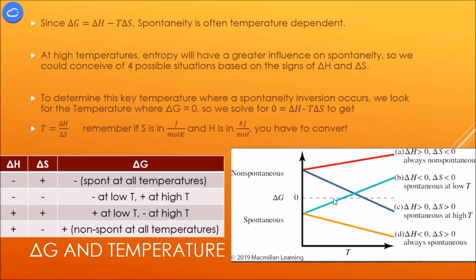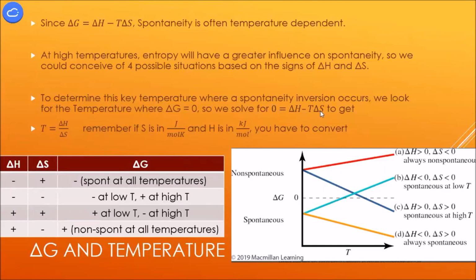And for these two situations, we can calculate the exact temperature at which this occurs, because we want to find that magical 0 point between spontaneous and non-spontaneous. So how would we calculate that 0 point? Well, we set delta G as 0 and solve for temperature.